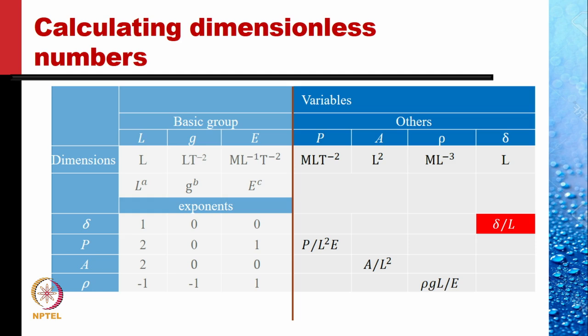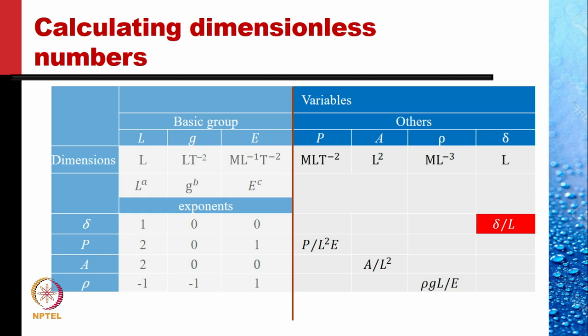That is, rho divided by E divided by LG, which simplifies to rho GL by E, is dimensionless.